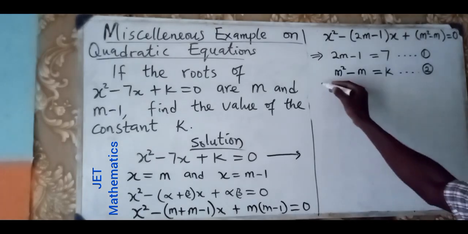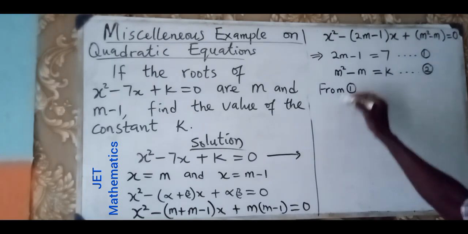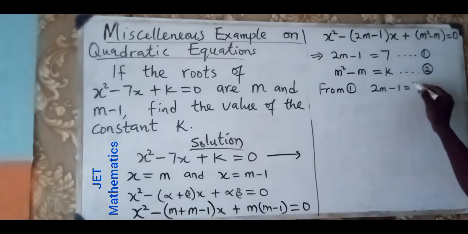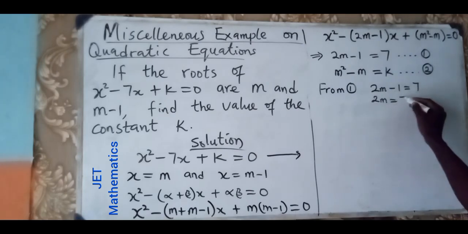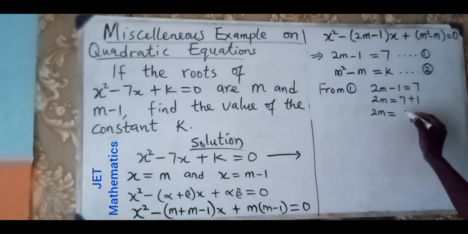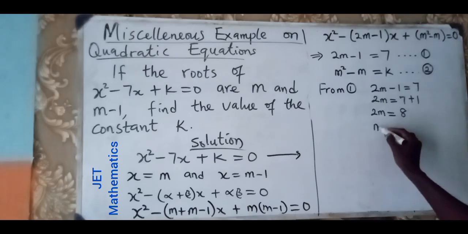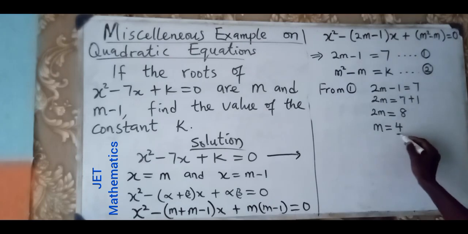From equation 1, which is 2m minus 1 equals 7, we have that 2m is equal to 7 plus 1. Then 2m is equal to 8. Dividing both sides by 2, we have that m is equal to 4.